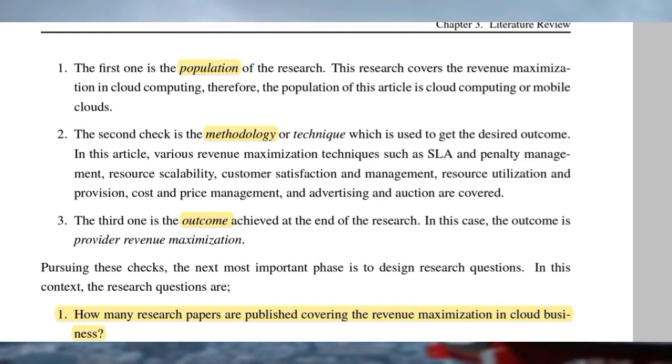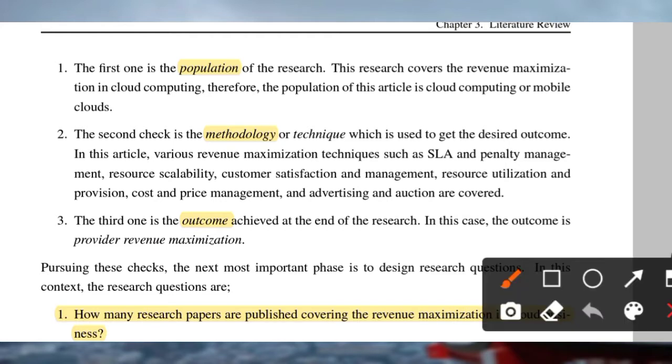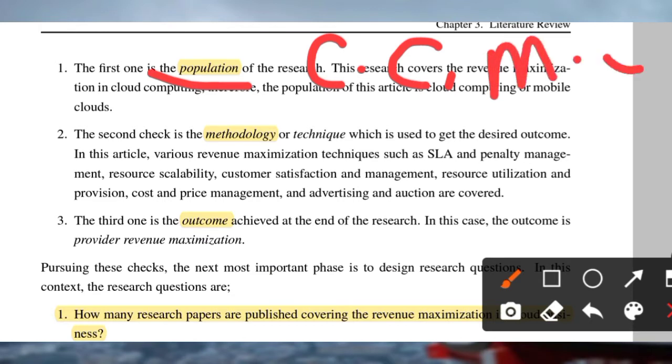collect keywords for that. For example, in my case, the population is cloud computing. With cloud computing, I will search for synonyms, because nowadays cloud computing is also called mobile computing, or fog computing, etc. Similarly, revenue maximization is my outcome.